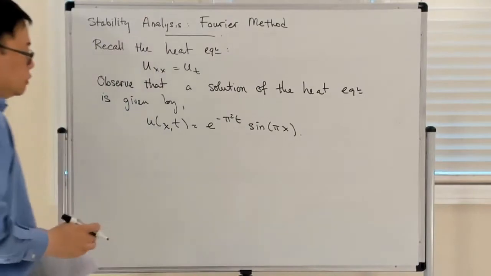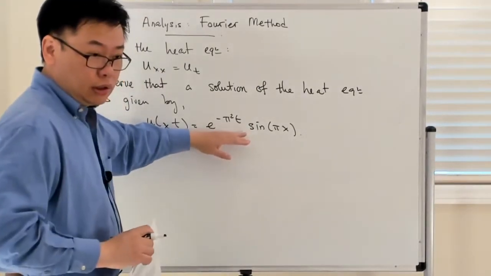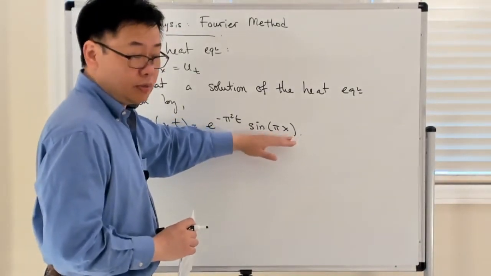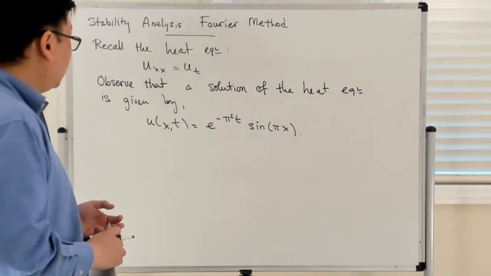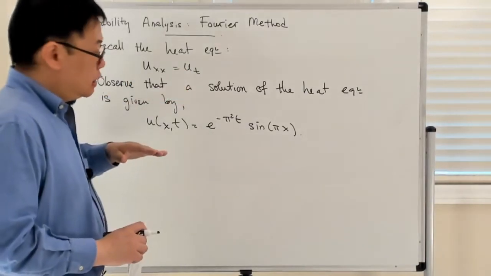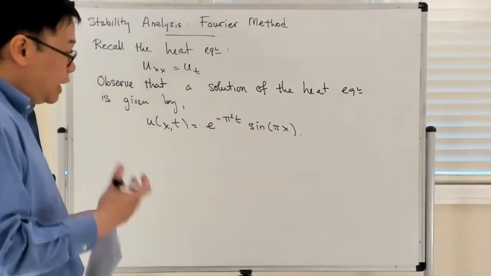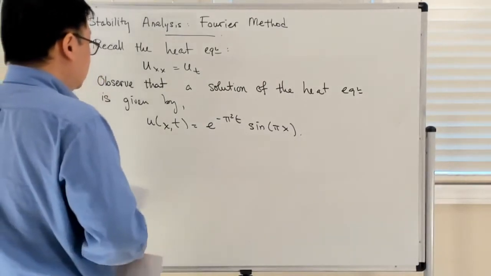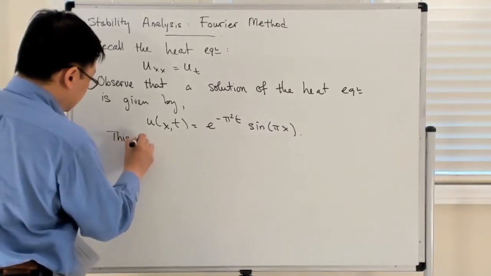What that looks like is an exponential in the time direction and a sinusoidal term in the spatial direction. So what we're going to do in some sense is look at how things which are exponential in time, but sinusoidal in space, behave under discretization.